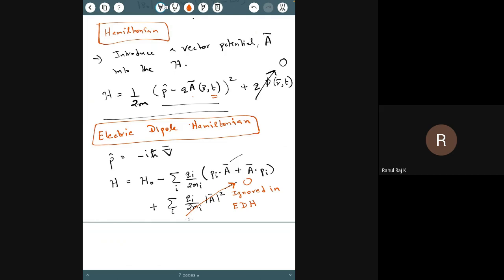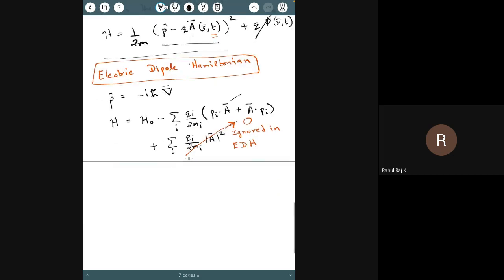Okay, then you get your perturbation, the time dependent perturbation that you need to consider is then simply this one term. So that's minus I q_i by 2m_i p_i dot A plus. Okay, I can put bars on this as well. I didn't put bars on this because these are quantum mechanical operators, but I can.